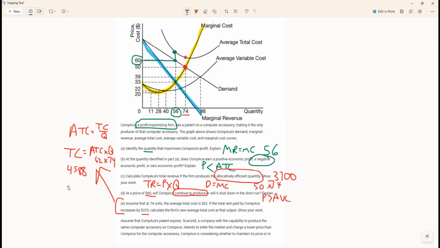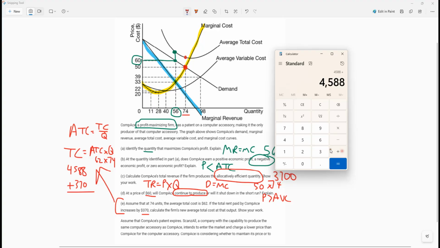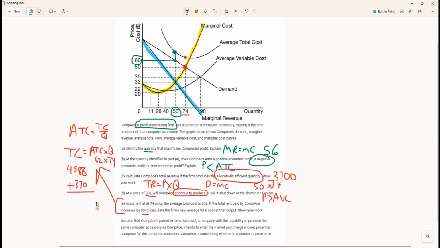And now we're going to add 370 to that. It's kind of good they let you use a calculator now. And that equals 4,958. And then we're going to divide that by our original quantity. And so we end up with average total cost rising to 67. Okay, and that's how to do this problem.